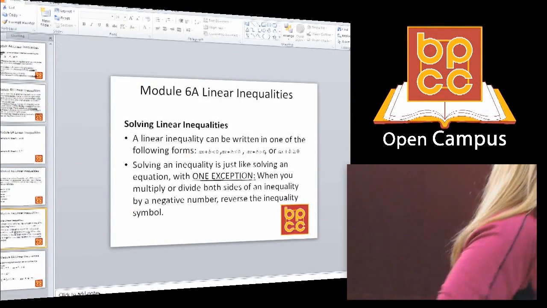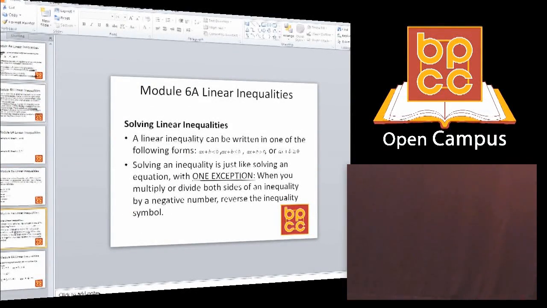Okay, so now that we discussed this, let's talk about solving. We're actually going to solve some inequalities, just like we solved equations. The great thing about today is the work is not anything new. If you can solve an equation, get x by itself, you can solve an inequality by getting x by itself, by the same rules.